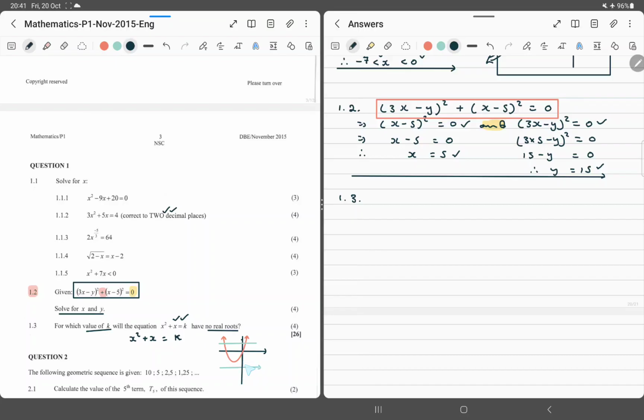Can you see there? This is where k is. So this line is y is equal to k. So can you see when this function here, k, which is a horizontal line, is below the minimum value of our turning point. The minimum value is what we need to interrogate.